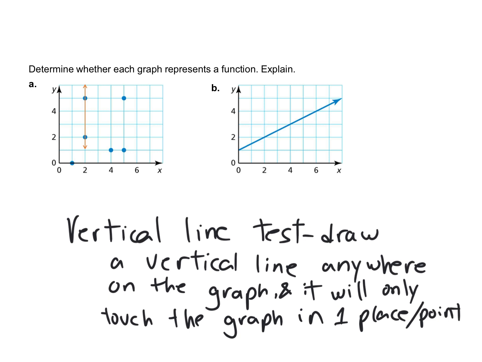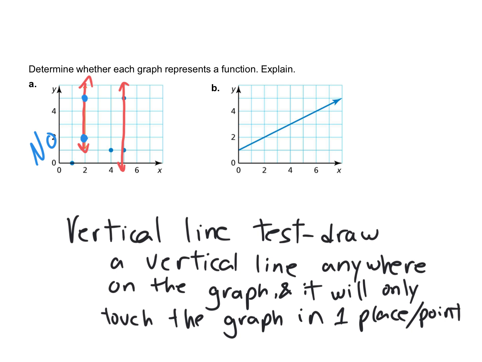You guys see how A has this red line on top of these 2 points like this? That's a vertical line. You see how it's touching a point right here and right here? Because it's touching 2 points, that is not a function. Okay? If I could actually draw another line right here, it's still not a function because it's touching 2 points. Now, it's literally anywhere on the graph.